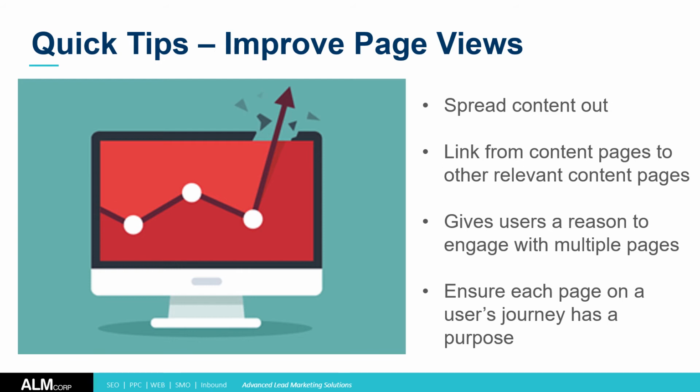That might give you a higher time on page for that one page in particular, but it tells Google that users are getting nothing else of value out of the rest of your site. Instead, ensure your structure allows for the ability to pass users from core pages to other core pages, and ensure that on every page of a user's journey, you're giving them something of value.